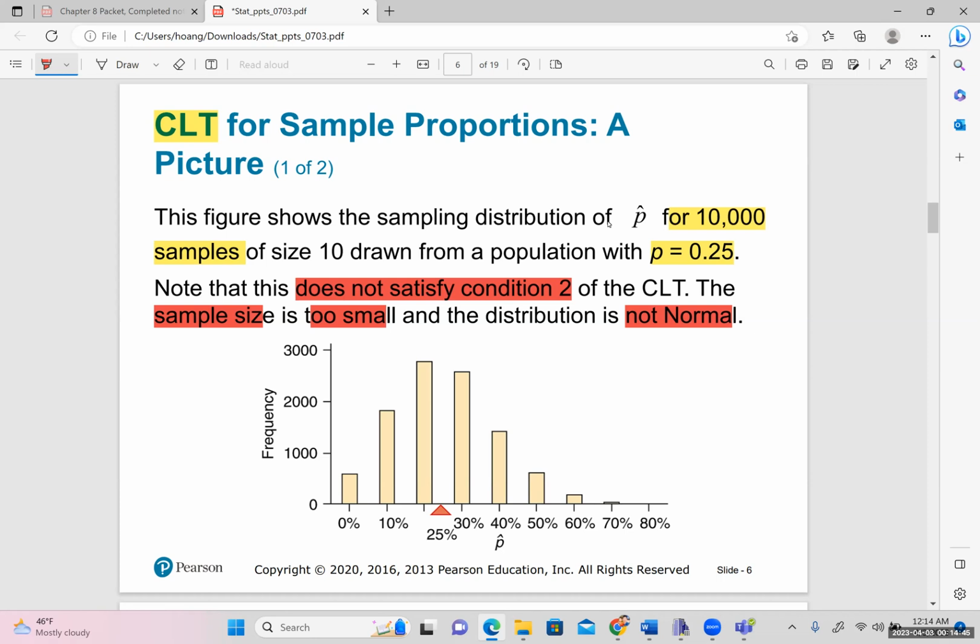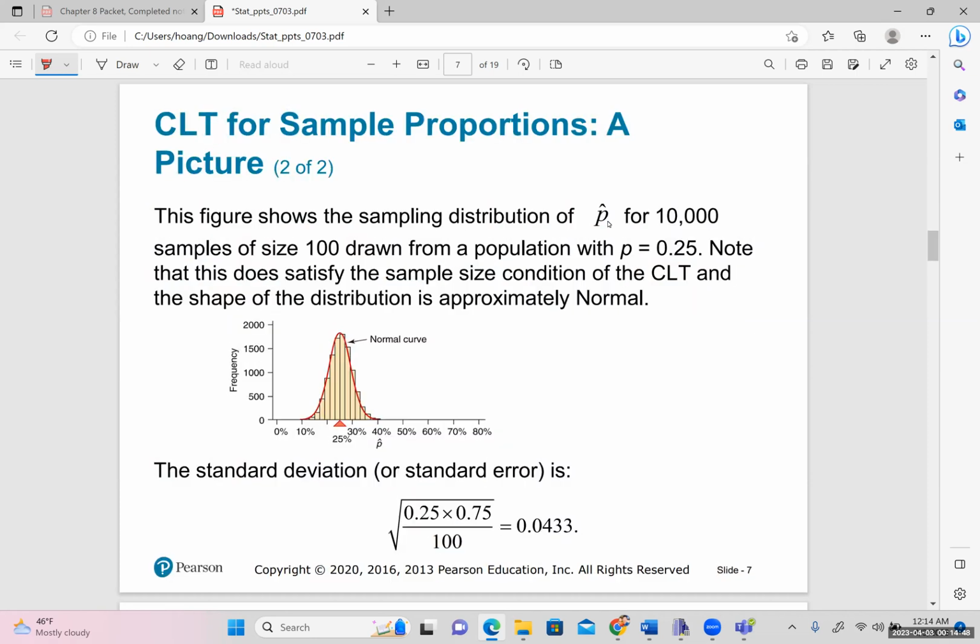Let's move to the next slide. The figures show the sampling distributions for 10,000 samples of size 100 drawn, still using population proportion 0.25.